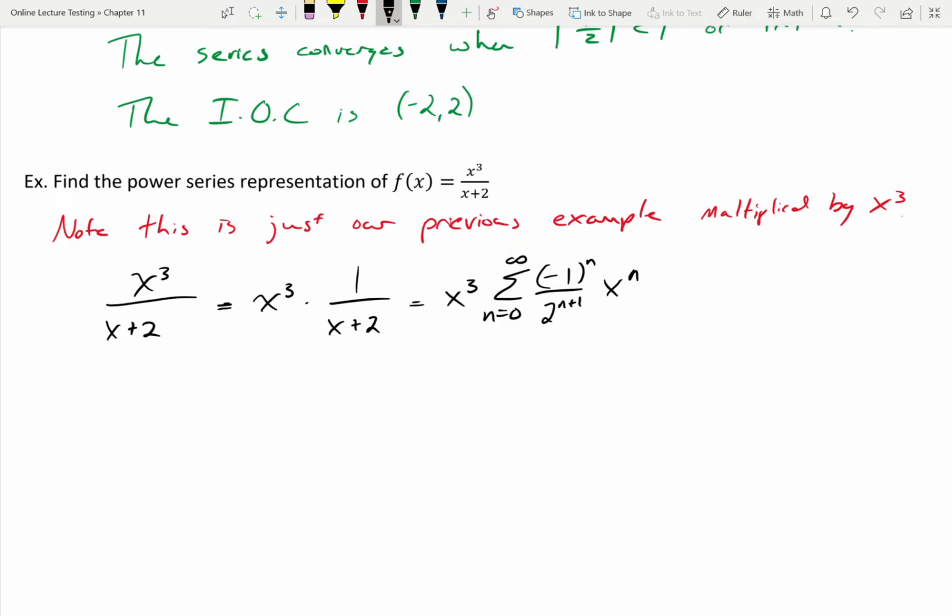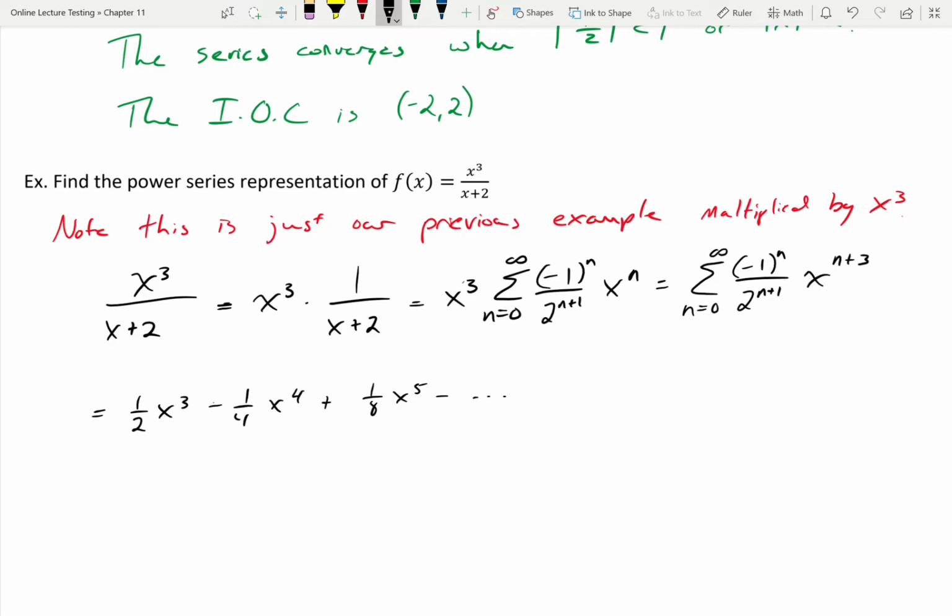And now we bring in this cubed part, so n goes from 0 to infinity, -1 to the n over 2 to the n plus 1 x to the n plus 3. And that's it. And so these would look like 1/2 x cubed minus 1/4 x to the 4th plus 1/8 x to the 5th minus so on. So this is what this would look like.